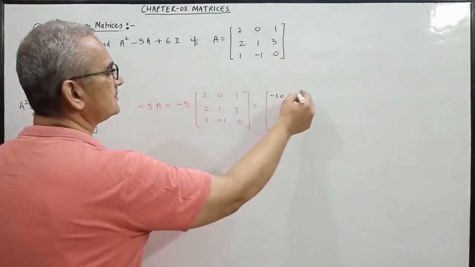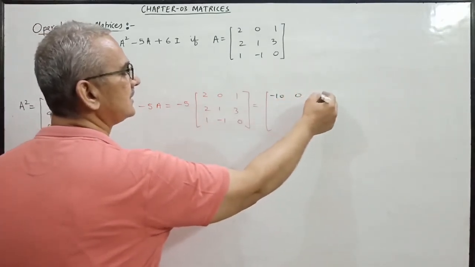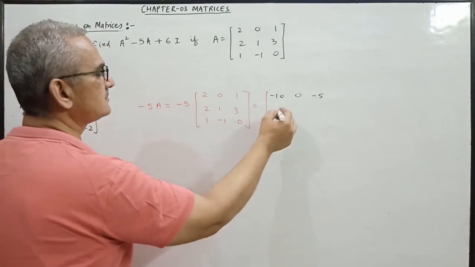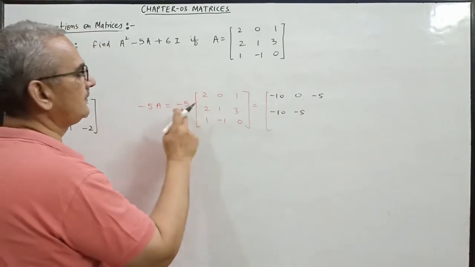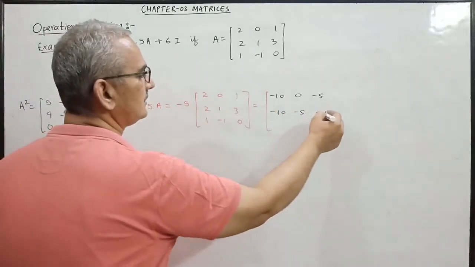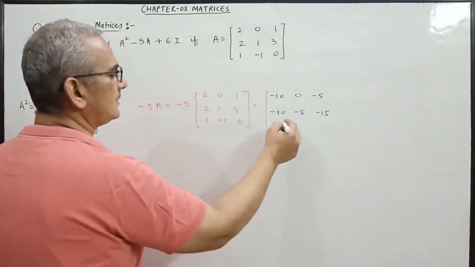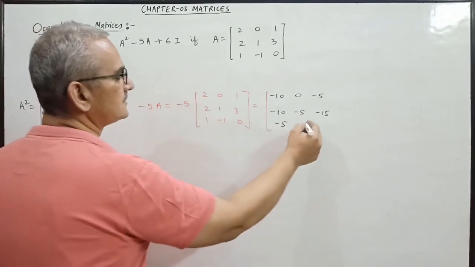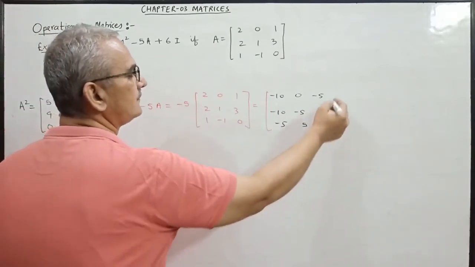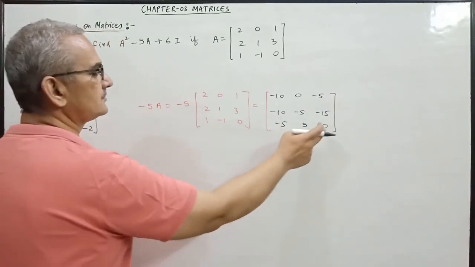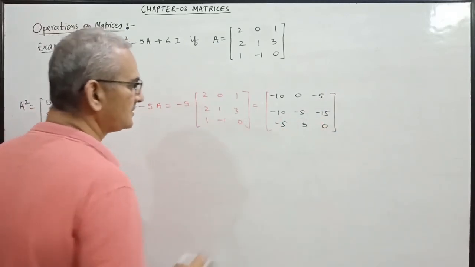Minus 5 into 0 is 0. Minus 5 into 1 is minus 5. Minus 5 2 times is minus 10. Then minus 5 1 is minus 5. Minus 5 into 3 is minus 15. Here we have minus 5, minus 5 into minus 1 will be plus 5. And here we have 0, minus 5 into 0 is 0. So that is the value of minus 5A.